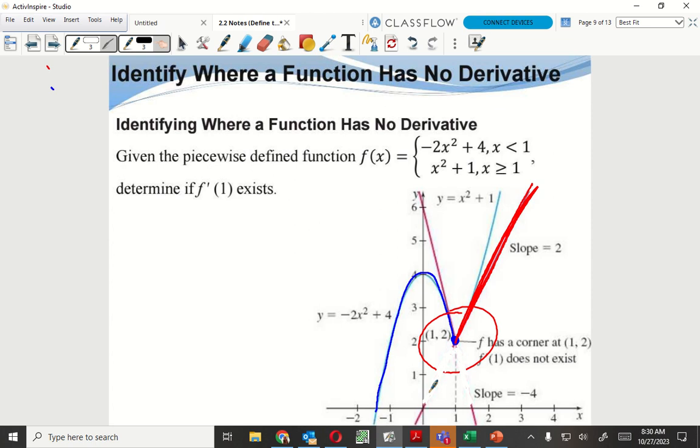So the slope of the tangent line, isn't that going to rock up and down? Yeah, so it doesn't sit on there very well, does it? So what this is called is a corner or a pointy point. You cannot get a slope at a corner or a pointy point.